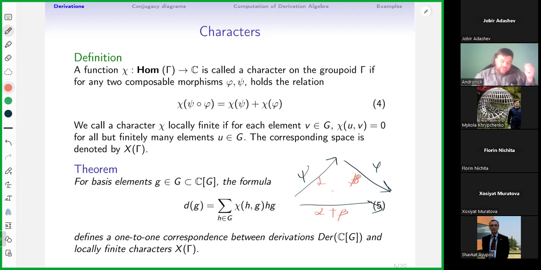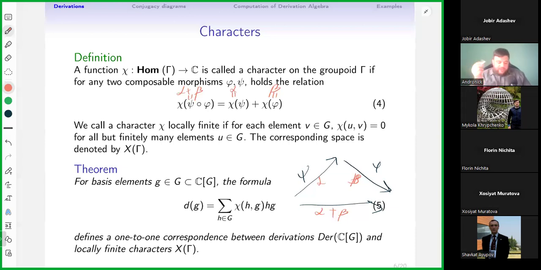So this is alpha, this is beta, and this is alpha plus beta. The idea is to write some numbers on the arrows and to sum them if you have a composition of two arrows.